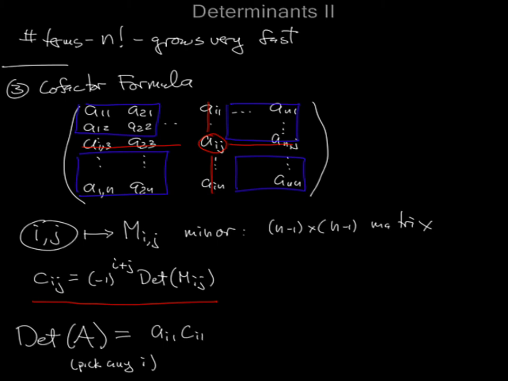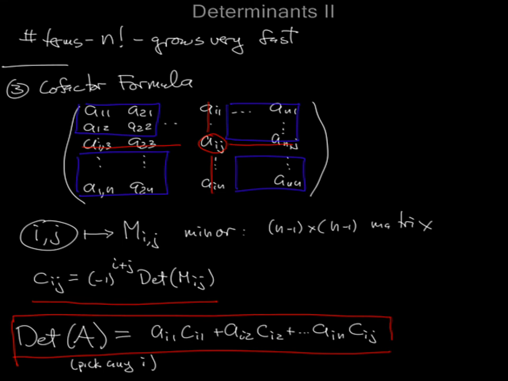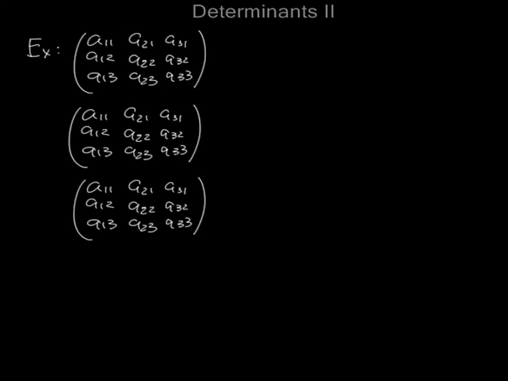You pick an i, and then you get a_i1 C_i1 plus a_i2 C_i2, and so on up to a_in C_in. And this is sort of an inductive formula because it's in terms of these n-1 by n-1 matrices. So let's look at an example here for a 3 by 3 matrix.